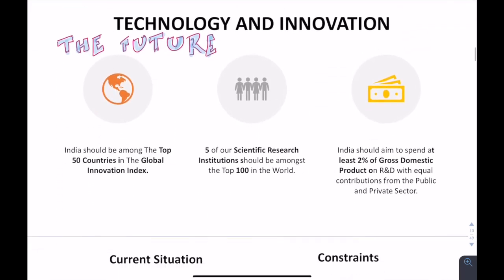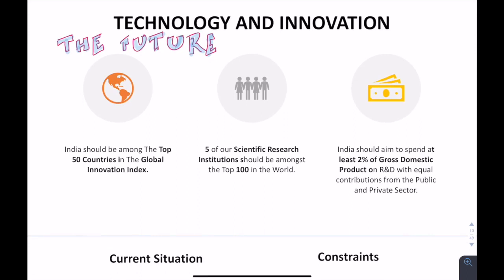Now let's come to the third major driver, that is technology and innovation. So here let's have a look at the future that NITI Aayog brings to the country.